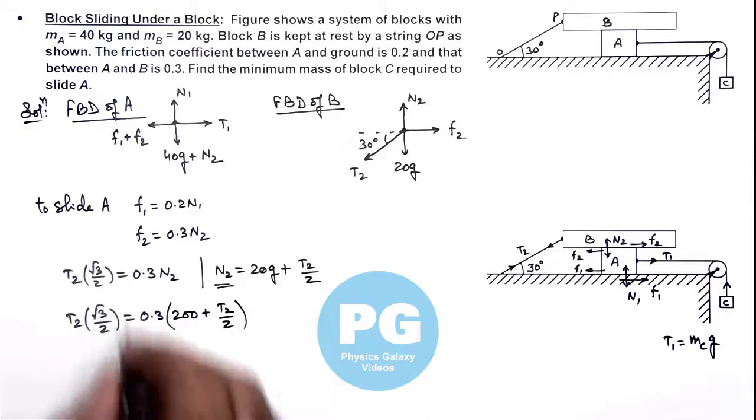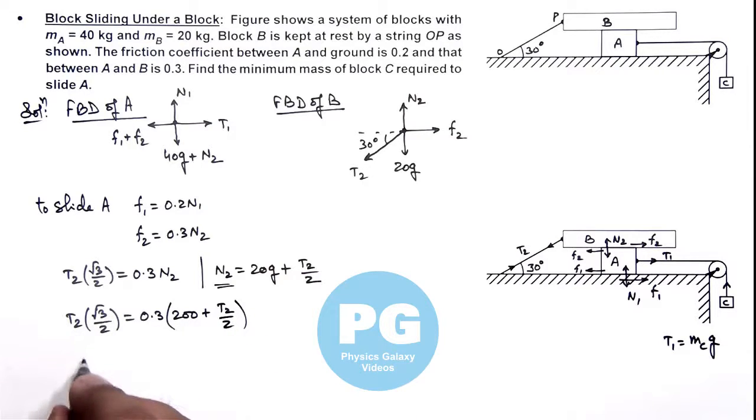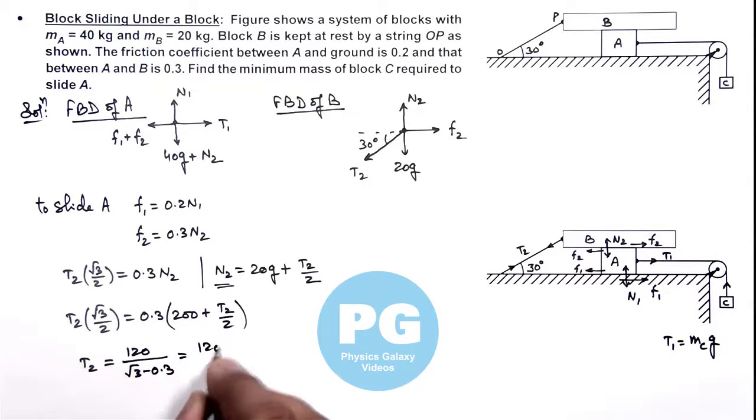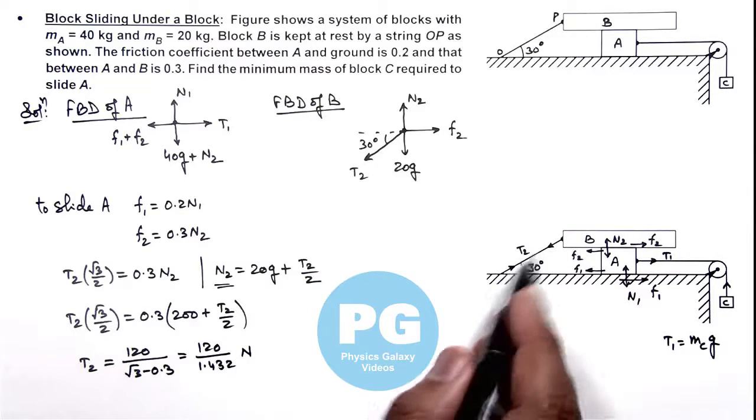And further on simplifying, we can take this T2 on left hand side and solve for T2. Here 0.3 multiplied by 200 is 60. 60 multiplied by 2 is 120. So this 120 divided by root 3 minus 0.3, which is 120 by 1.432 Newton. This is the value of tension in the string T2 we are getting.